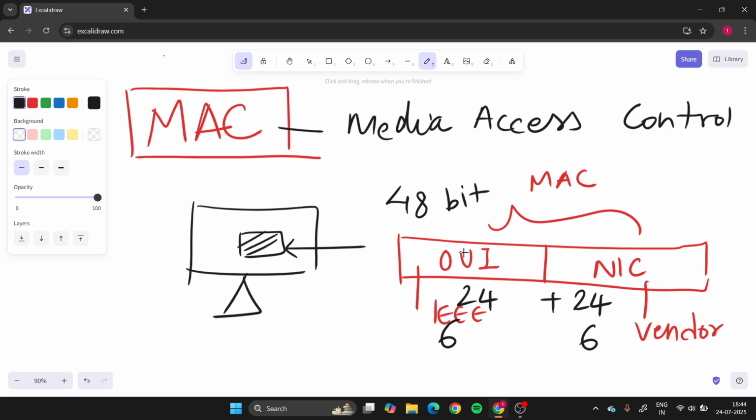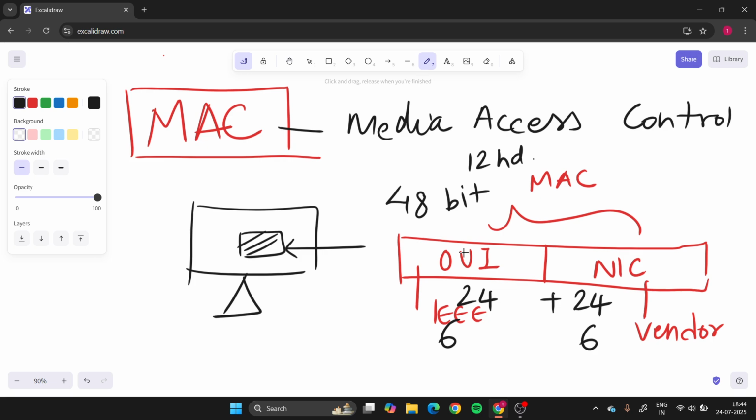So in total, it's a 48-bit address with 12 hexadecimal digits. This is what a MAC address comprises of. So this is the whole address.